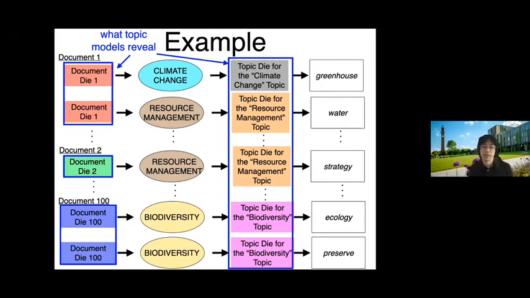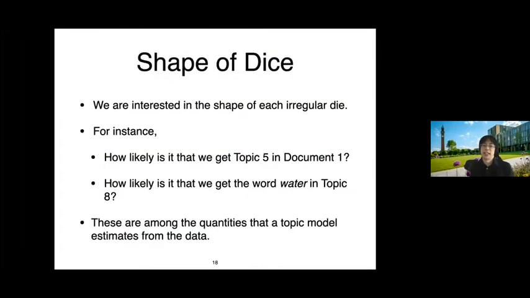Topic models reverse this word generation process and estimate the probability of obtaining each face in each die. So we are interested in the shape of each irregular die in this schematic illustration. For example, we can ask how likely is it that we get topic 5 in document 1? Is that a predominant topic or is it an unimportant topic at all?